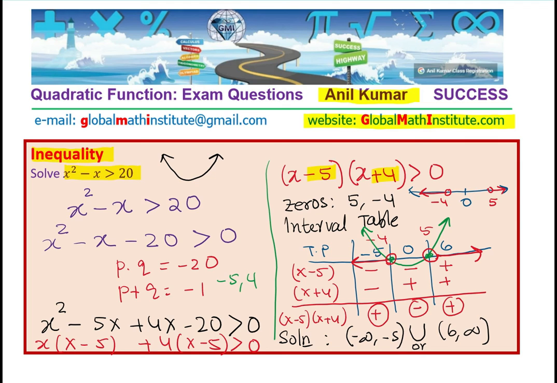So on a number line, I'll show my solution in this particular fashion. As an inequality, I can also show the solution, which could be written as x is less than minus 4 union x is greater than 5, within curly brackets, where x belongs to real numbers. So that's another way of writing the solution.